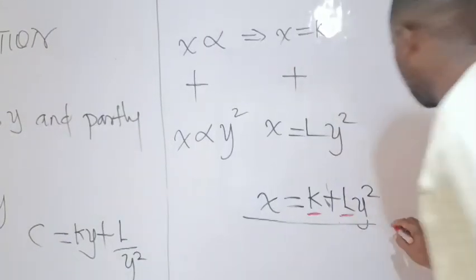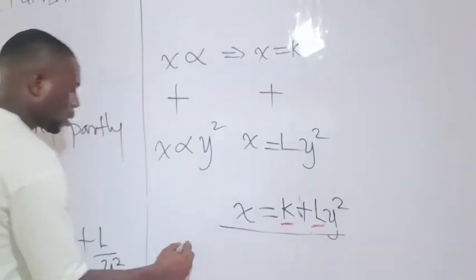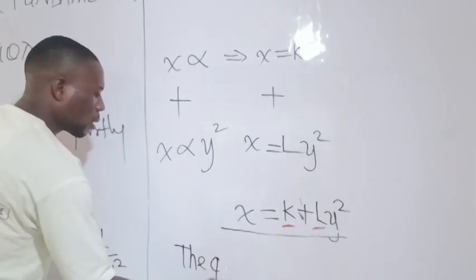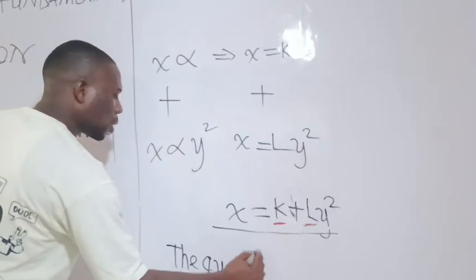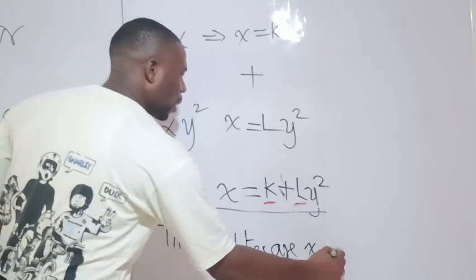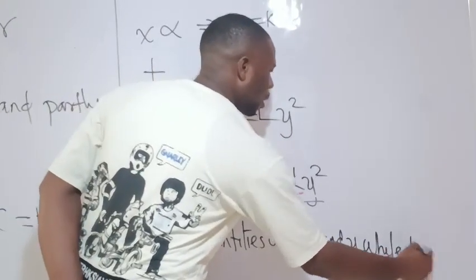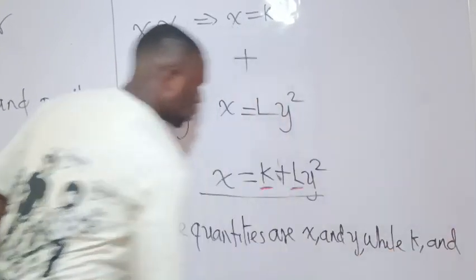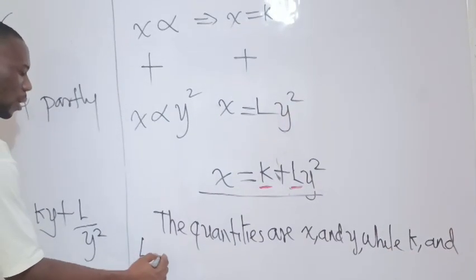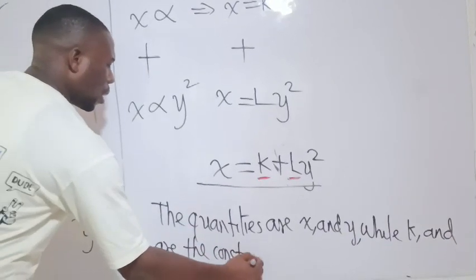So the quantities, write this down, are x and y, while k and L are the constants of proportionality.